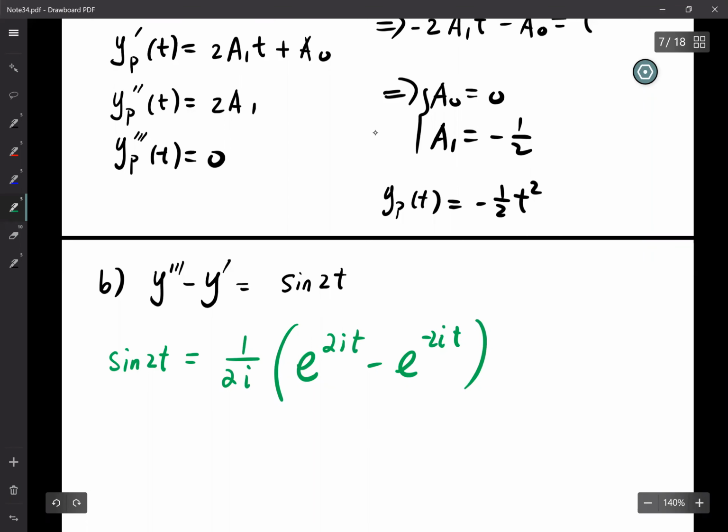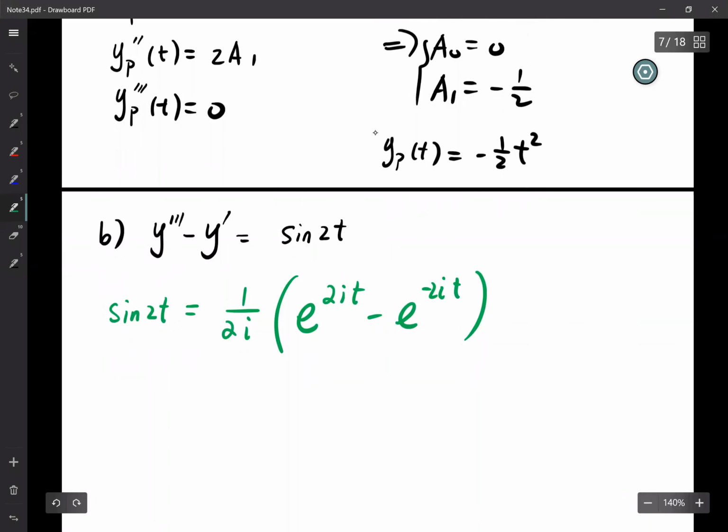Just like we were expanding the cosine in terms of the real parts of the exponential function, we expand sine using the imaginary part of the exponential function. So this is cosine plus i sine, cosine minus i sine, minus minus. They cancel, divided by 2i, you directly get sine 2t. Why do we need the 1 over 2i? It's just 1 over 2 times i. So this is an identity, and you can check. You just do the Euler formula. You will find that the real part is the cosine, they just cancel. The imaginary part, they will have a 2i in front, and therefore you divide by that 2i.